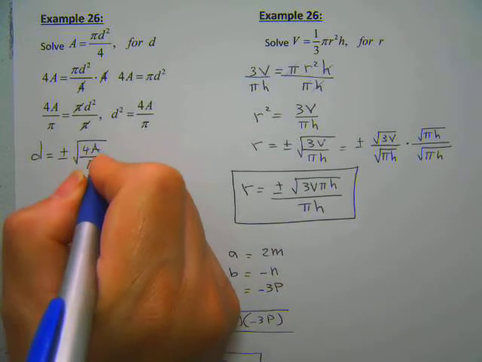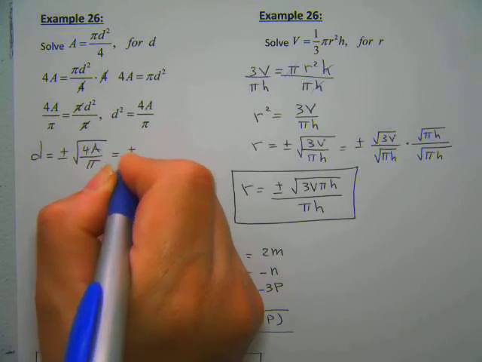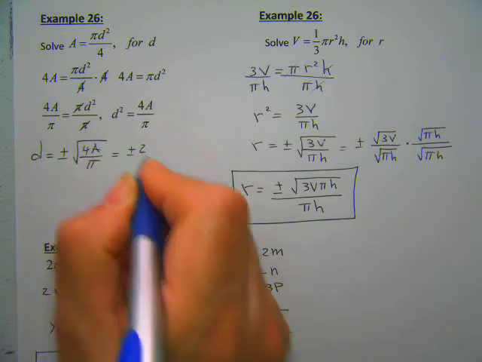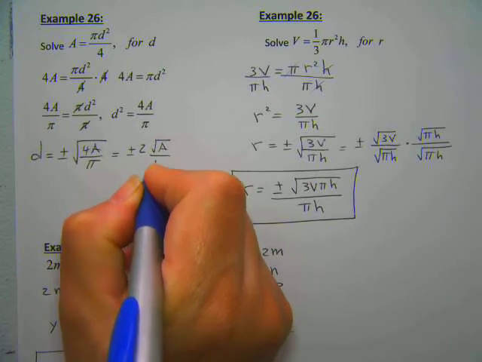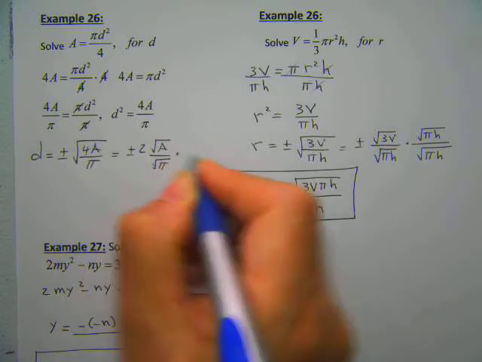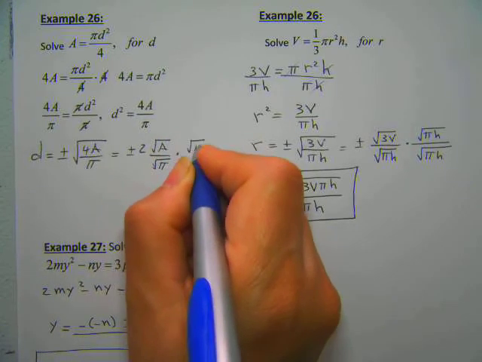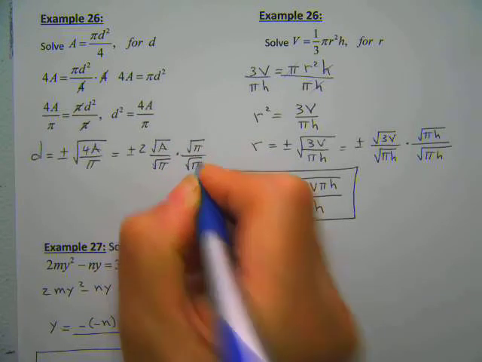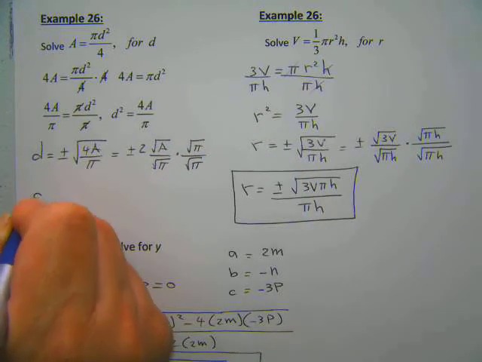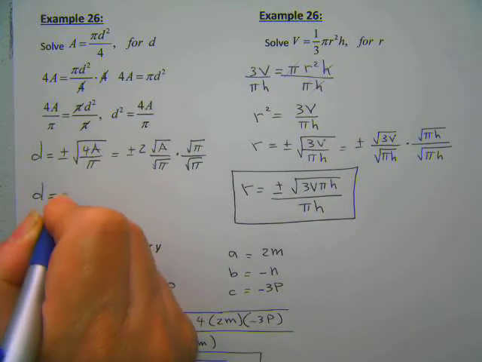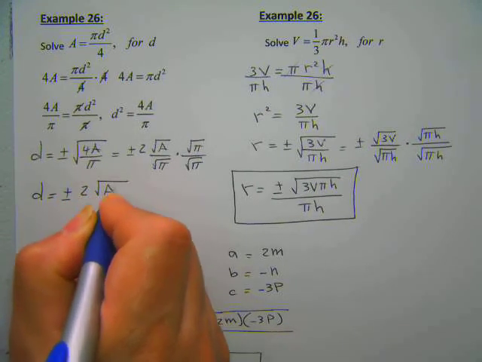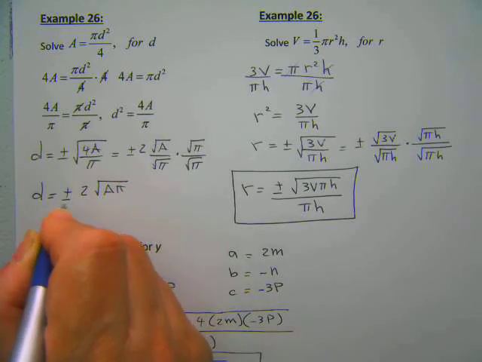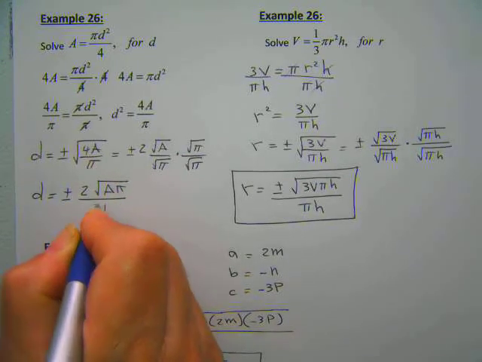Okay, so this is equal to plus or minus, the 4 comes out as 2, and then there's a square root of a over the square root of pi, but we need to rationalize the denominator, so multiply top and bottom by the square root of pi. So the final answer is d equal to plus or minus 2 the square root of a pi all over pi.